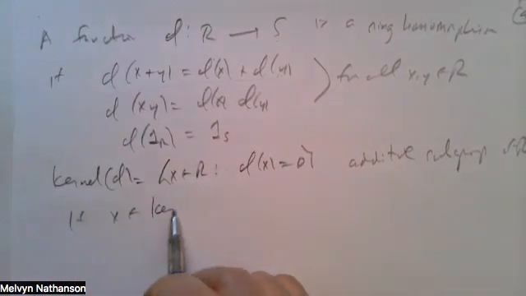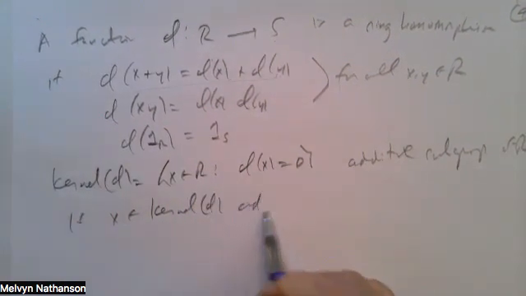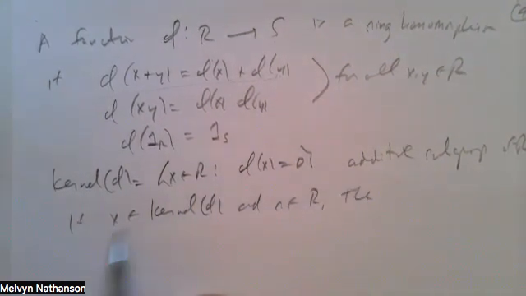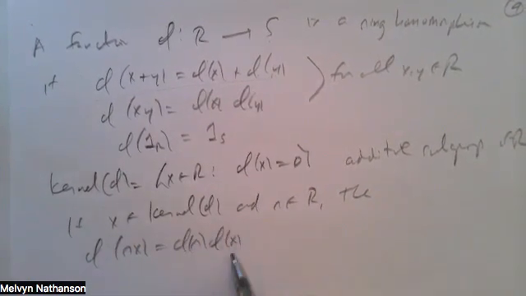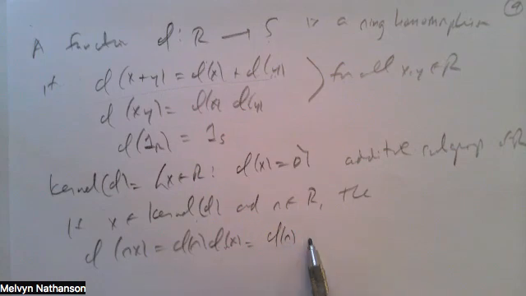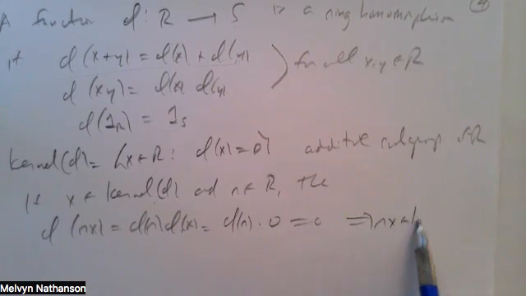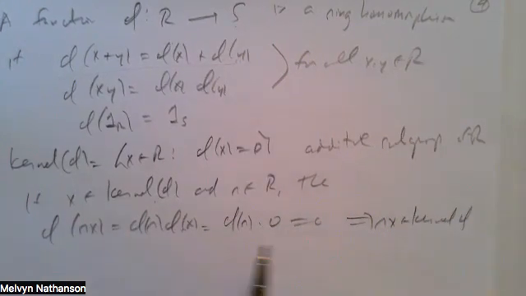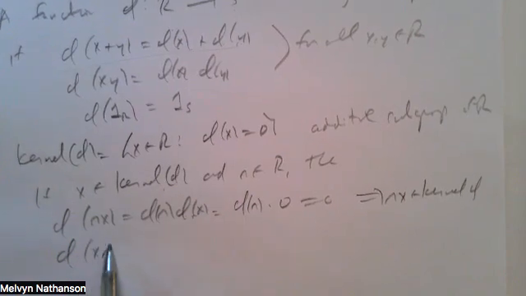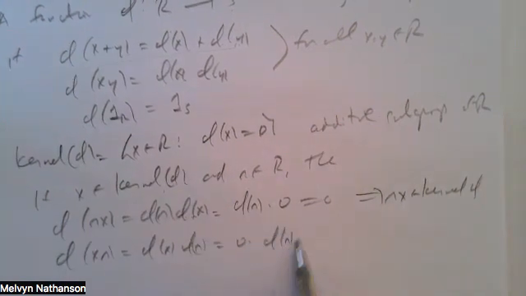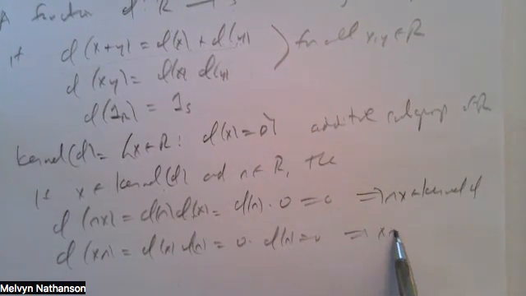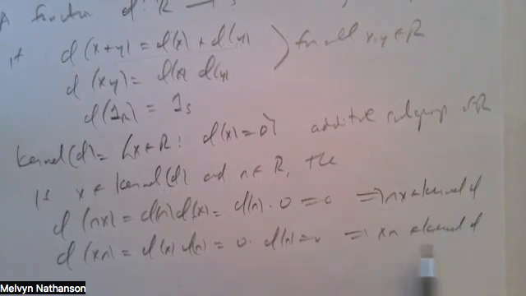If x is in the kernel of phi and r is any element in the ring R, then phi of rx is phi of r times phi of x. But phi of x is in the kernel, so phi of x is 0, and you multiply by 0, you get 0. So rx is in the kernel of phi. And similarly, phi of xr is phi of x times phi of r is 0 times phi of r is 0. So xr is in the kernel of phi.